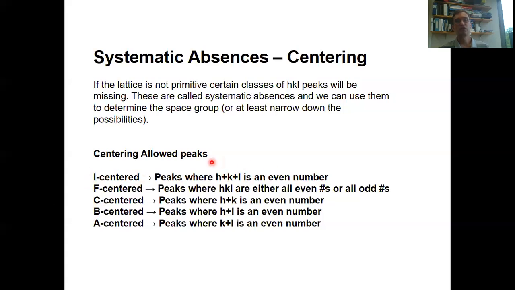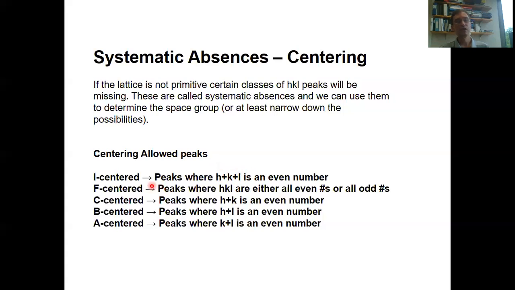For example, you could observe a 1, 1, 0 peak because 1 plus 1 plus 0 is 2, but we could not observe a 1, 1, 1 peak because 1 plus 1 plus 1 would be equal to 3, which is an odd number.